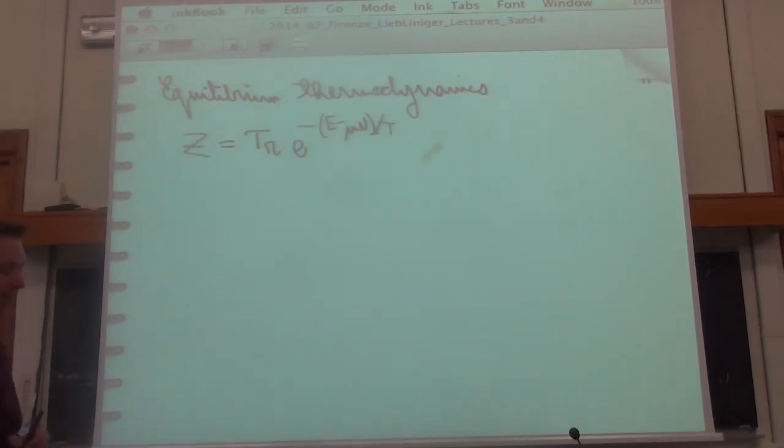And the way we calculate it is that we do a summation over particle numbers. This can go from 0 to infinity. Then at each fixed particle number, we do a summation over all proper sets of quantum numbers with this cardinality N. And then we just calculate e to the minus the energy of this state minus μ N over T, and the job is done.